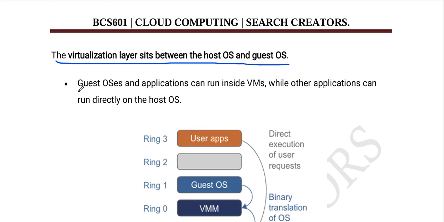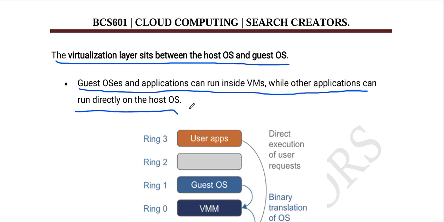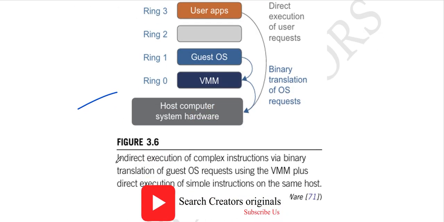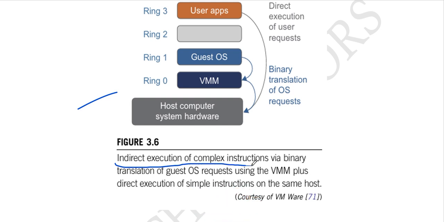Guest OSs and applications can run inside virtual machines, whereas other applications can run directly on the host OS. In this figure we can observe indirect execution of complex instructions via binary translation of guest OS requests.